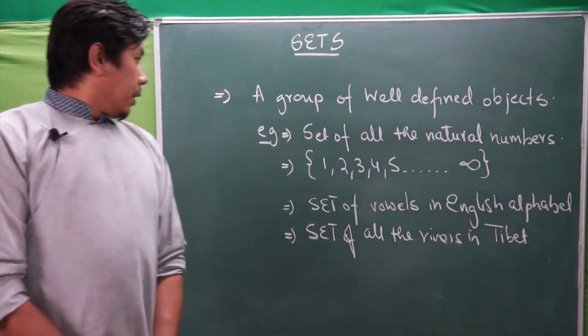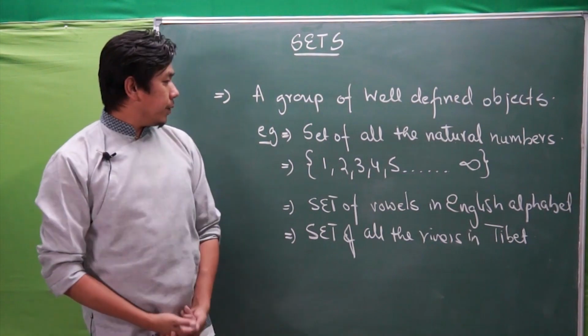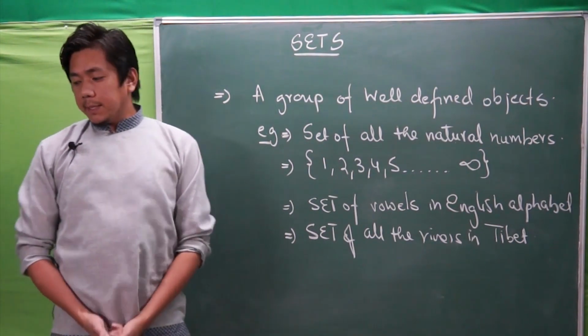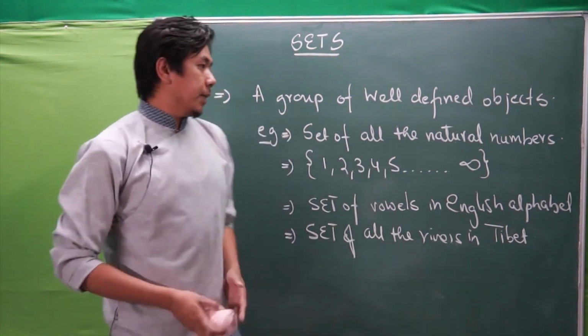Alright. Now we know what a set is. How do we represent a set? So basically, there are usually two ways of representing a set.